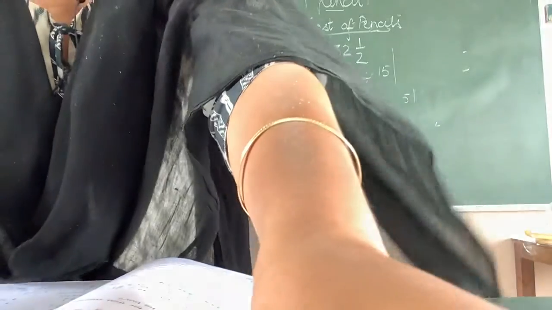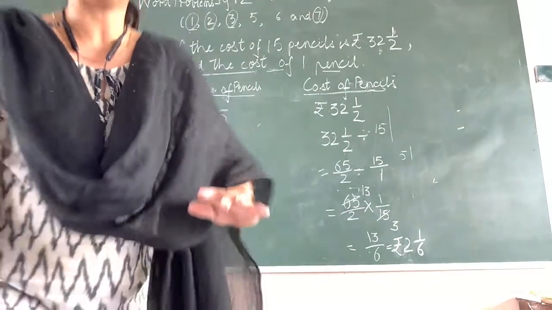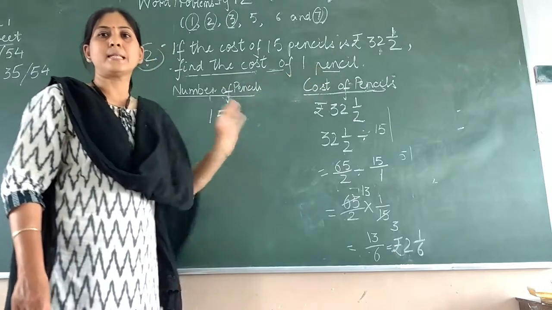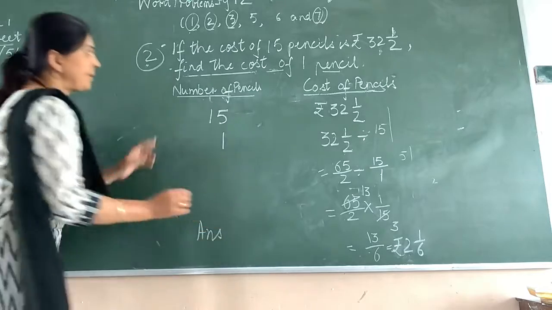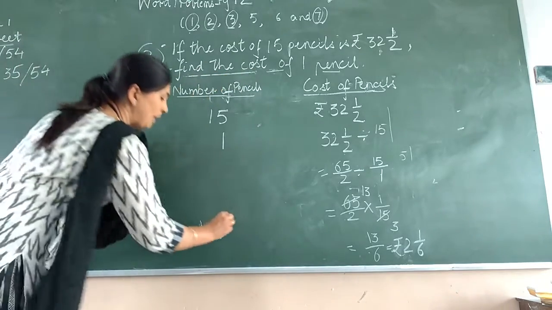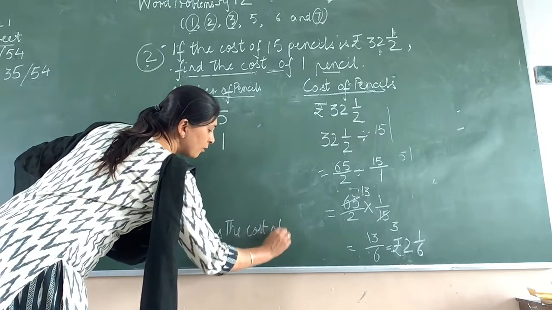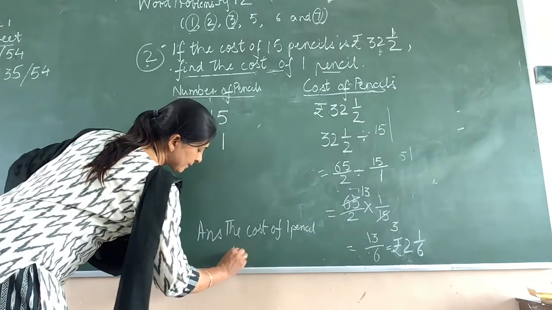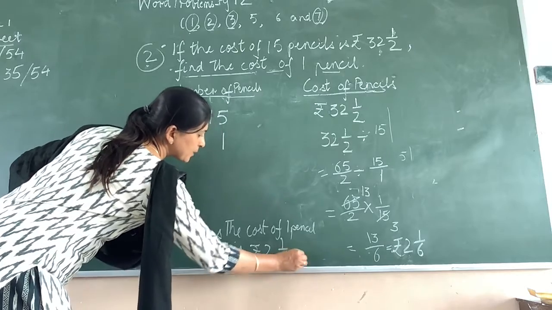Now, once again, look at this problem sum. Find the cost of one pencil. Since this is a problem sum, we have to write the answer statement. What will be our answer statement? The cost of one pencil is 2 whole 1 over 6 rupees.